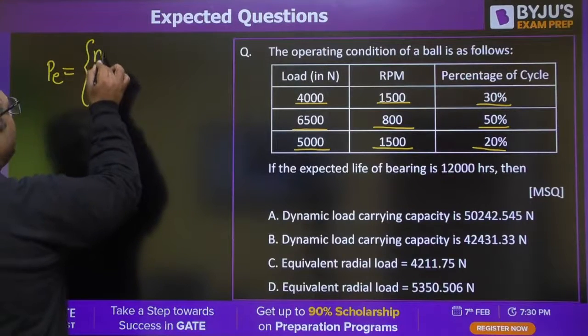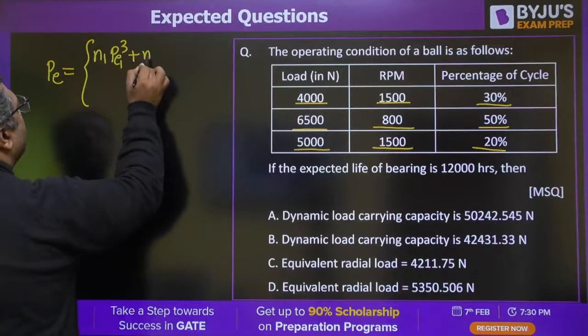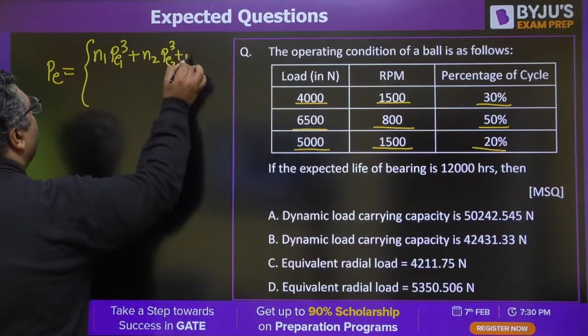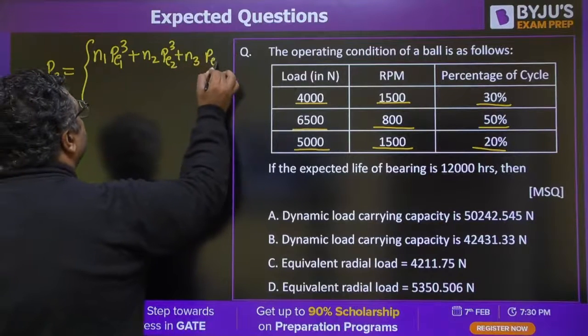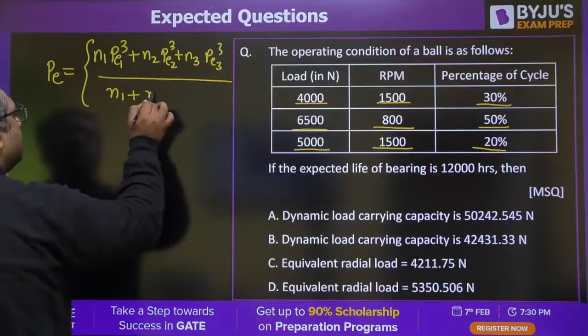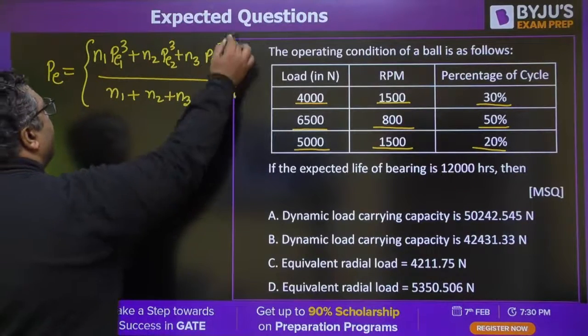It will be N1 P1 cube plus N2 P2 cube plus N3 P3 cube, divided by N1 plus N2 plus N3, to the power 1 by 3.